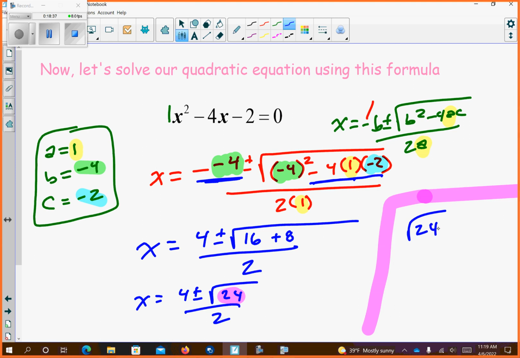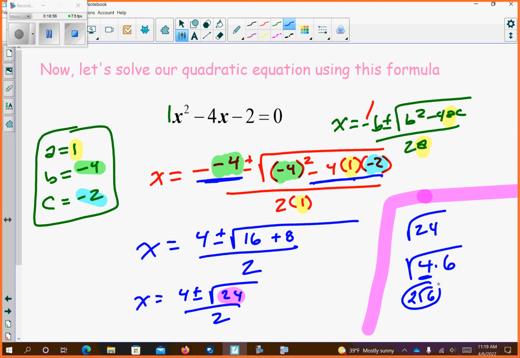Root 24, do you feel comfortable that that is going to be 4 times 6? Yes, it's also 3 times 8, but what did I do with 4 and 6? What's good about that? 4 is a perfect square. So square root of 4 is 2, so I get 2 square root 6.